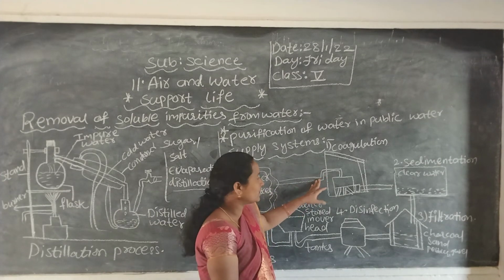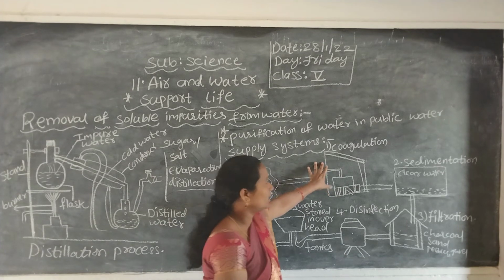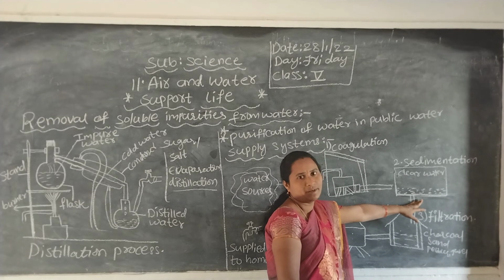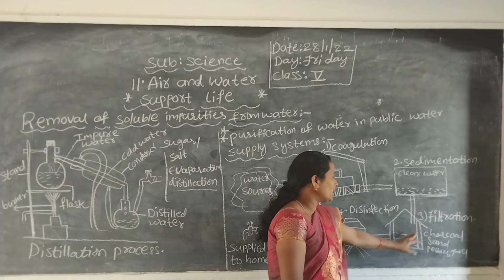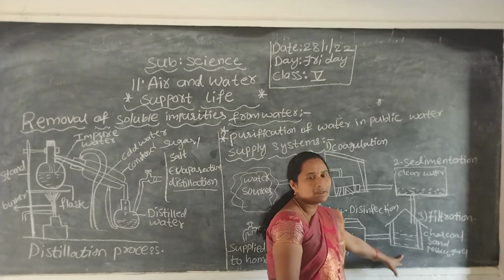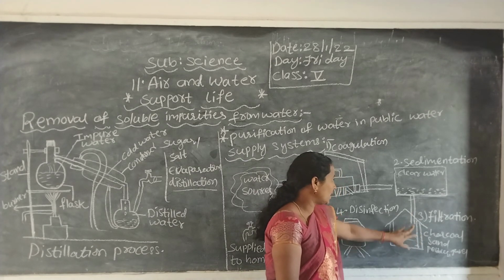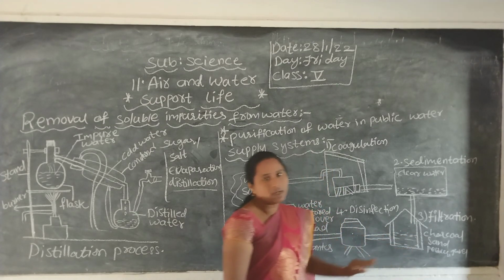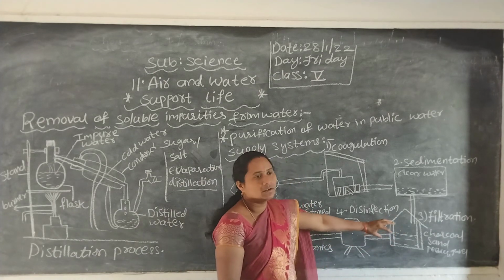In this tank, they separate impurities using alum, and then send it to the sedimentation tank, where large particles of sediment settle. The clear water is sent to the filtration process, where it passes through charcoal, sand, and pebbles in layers. Here even small particles are separated.